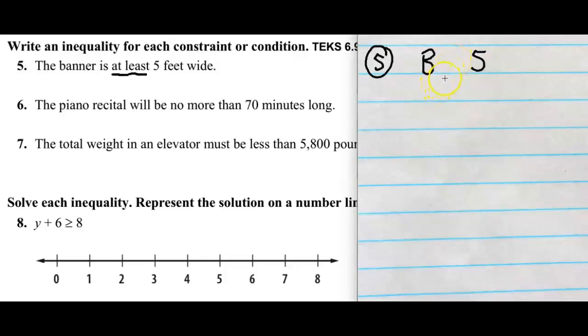What's the best answer to fit that situation? Answer that for me now. Okay, the correct answer is greater than, but also equal to. So if the banner is greater than 5 feet, that will work. But if it's exactly 5 feet, that also works too. All right, so let's go ahead and look at the next situation.